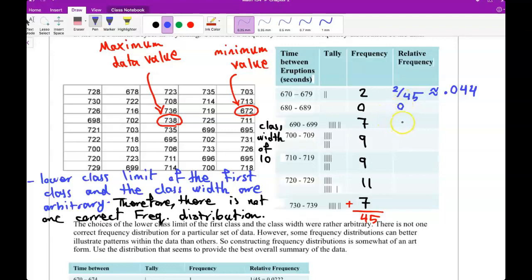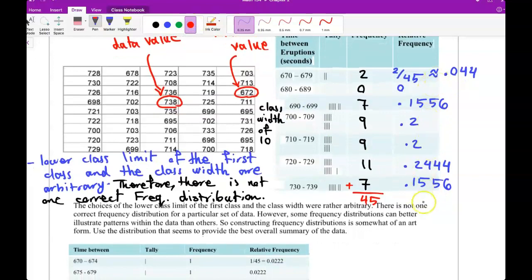And here I'm rounding all these, and here I got 0.1556, 0.2 or 0.20. Here again 0.2, 0.2444, and again the same as that one, we have 0.1556.